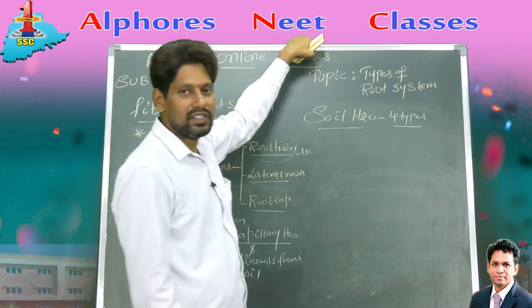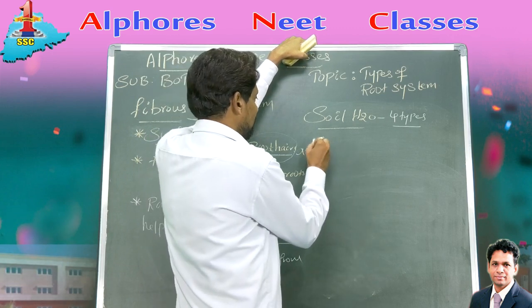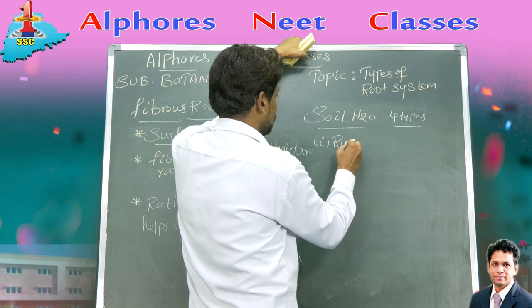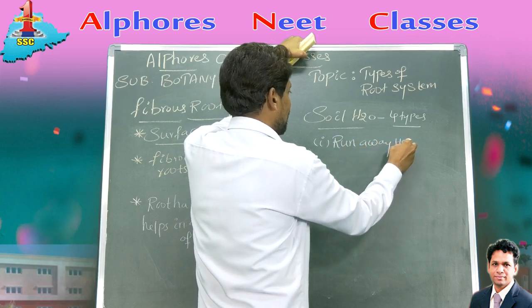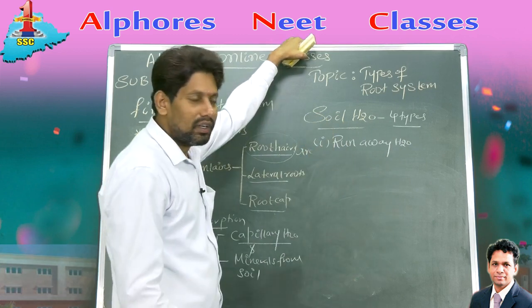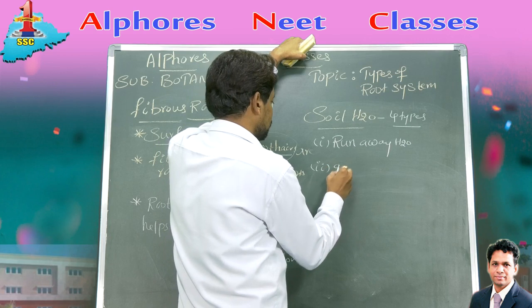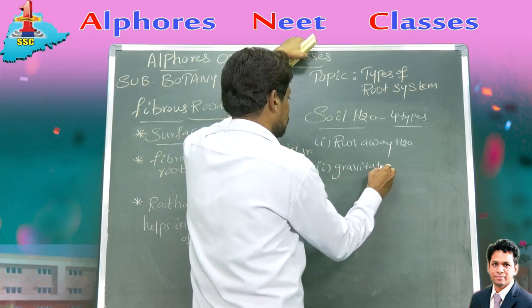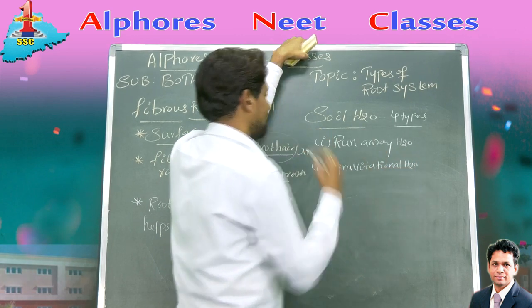What are they? Number 1, runaway water. Second one is gravitational water.